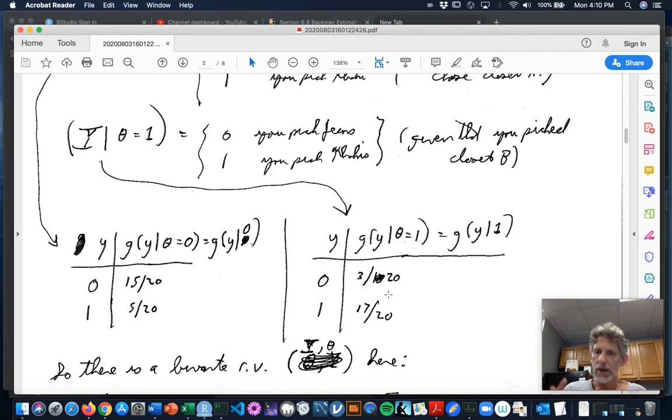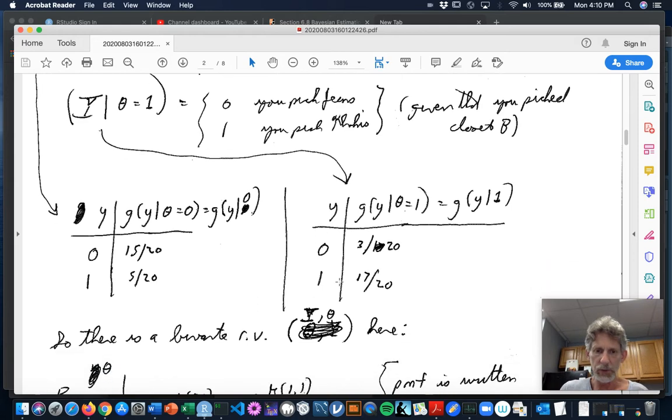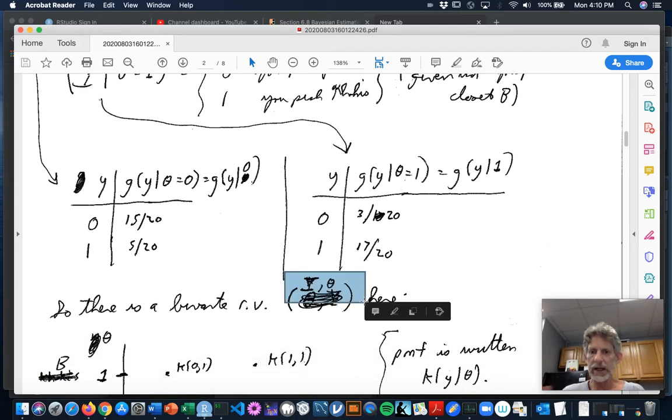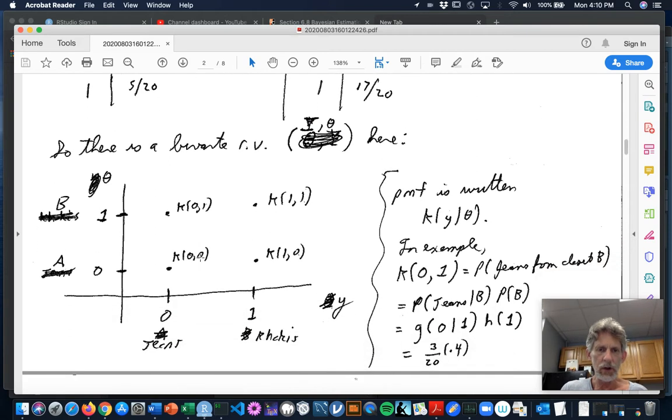So actually, when you stick the two parts of the process together, you're looking at a bivariate random variable situation: capital Y, capital theta. And so I can draw a sample space for the bivariate situation here. I've got a y-axis and a theta axis, and I've stuck the two possible values for y here.